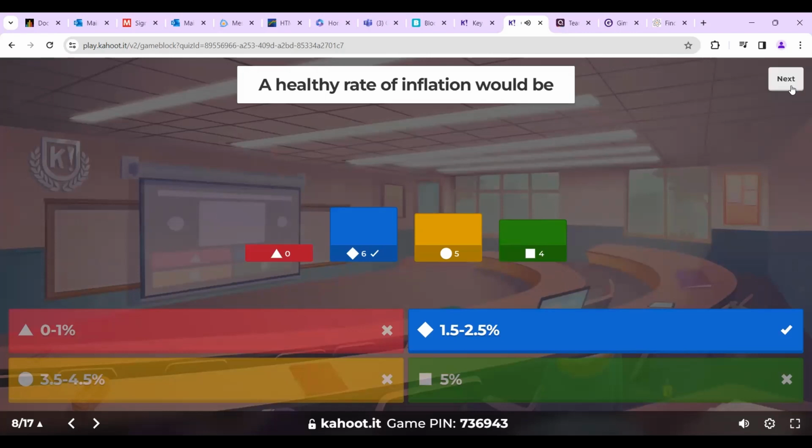They want it to be between there because 1.5 to 2.5% inflation is best for the economy because prices aren't rising too much. So things are still affordable, and prices are stable. The prices aren't going up too much. That's usually the target they look for.